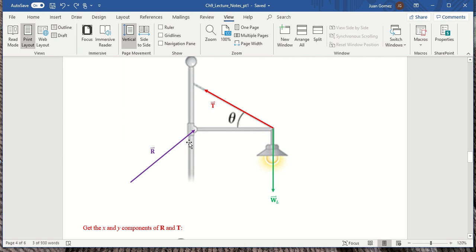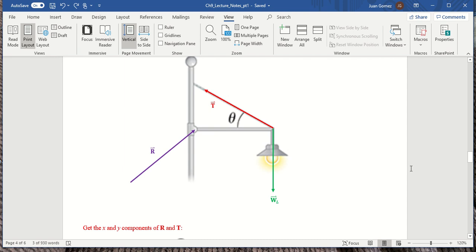Now, typically, right here, this R is the reaction force. That's the force that the light pole is exerting on the beam. Typically, you always draw the reaction force as if it's in Q1, the first quadrant. Notice the reaction force, in general, will have an X and a Y component.